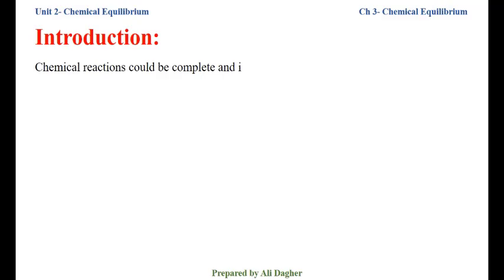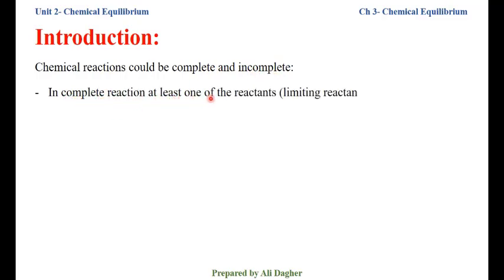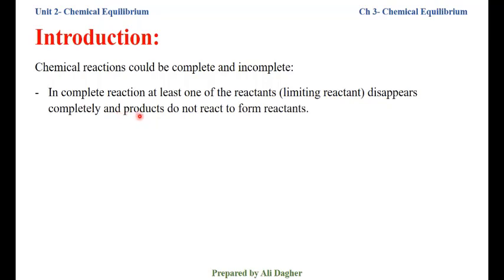Chemical reactions could be complete or incomplete. In case of a complete reaction, at least one of the reactants, the limiting reactant, disappears completely and products do not react to form reactants.